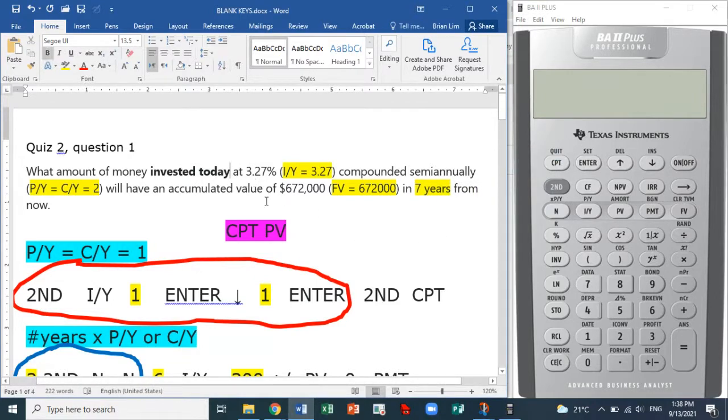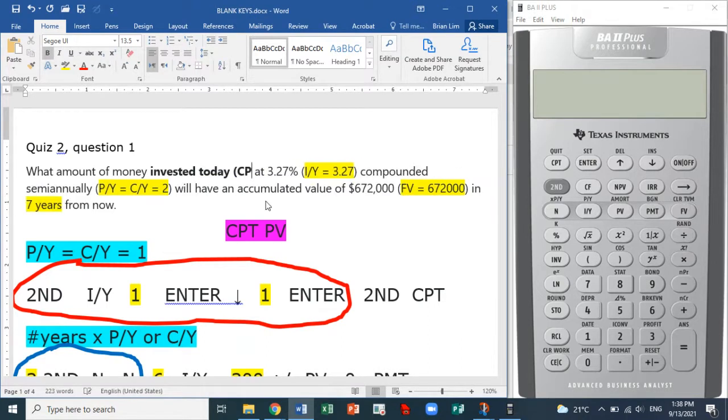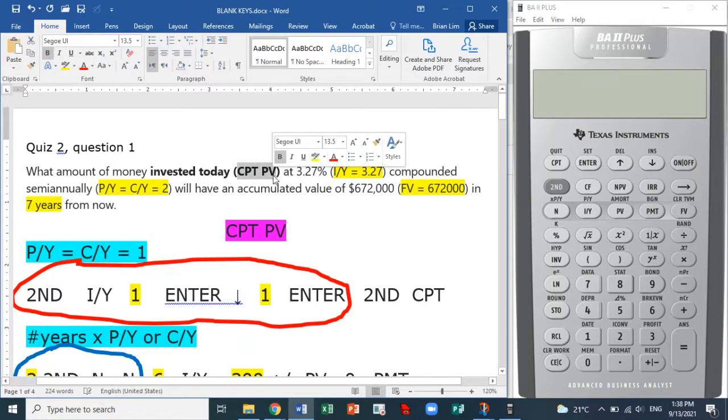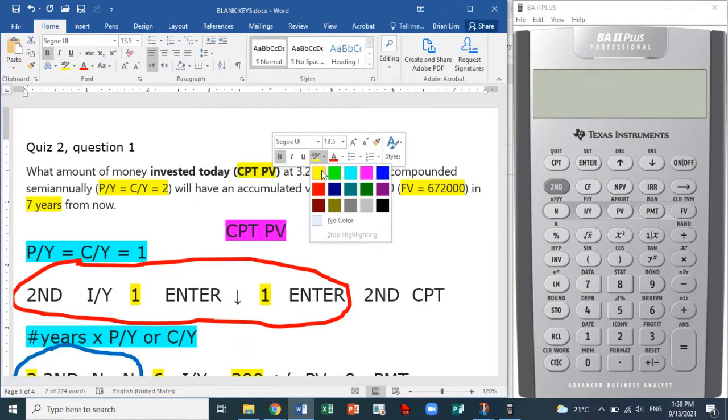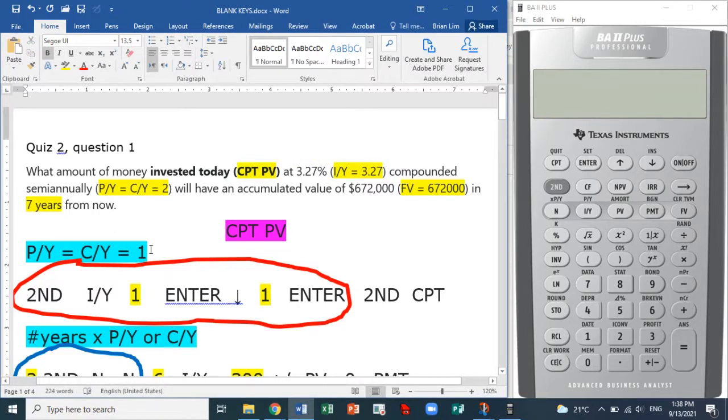Invested today, so what do we want to do? Well, we'd like to compute the present value. That's what we're trying to compute, and we will enter the numbers. So PY equals CY, and that would be equal to 2 because it's semi-annual. So this number here will change to 2.